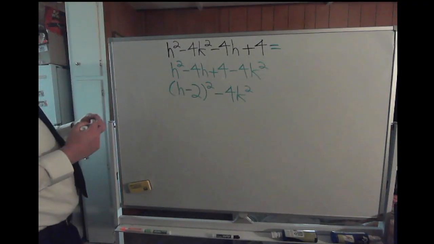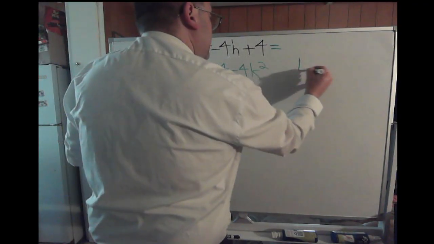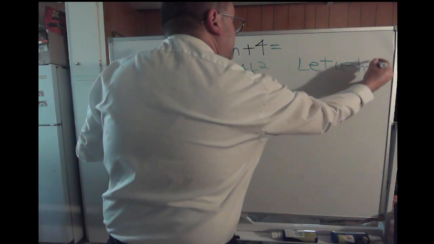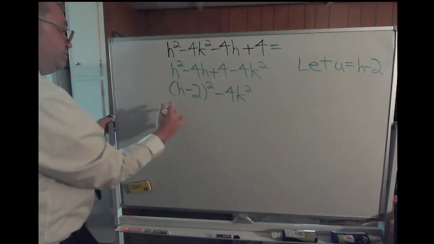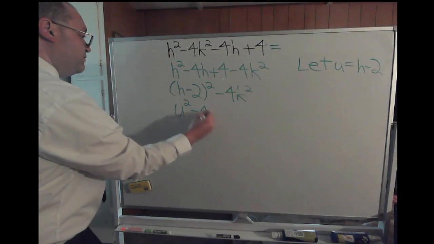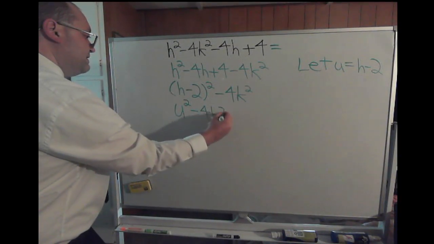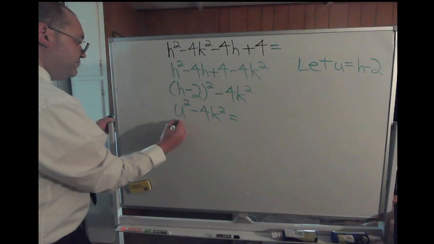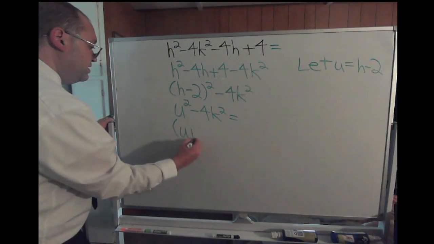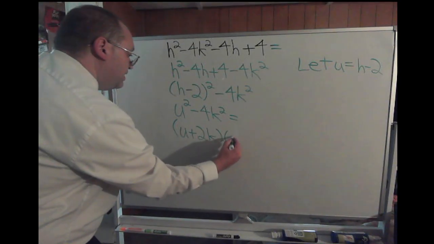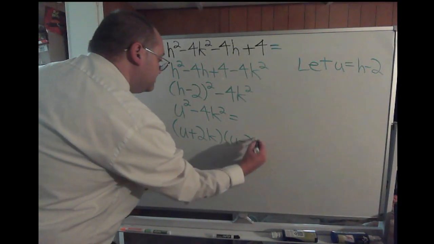Now you've got something you can work with. I would let u equal h minus 2. Put u in for h minus 2, you get u to the second minus 4k to the second. Something much easier to work with. The factorization is u plus 2k times the quantity of u minus 2k.